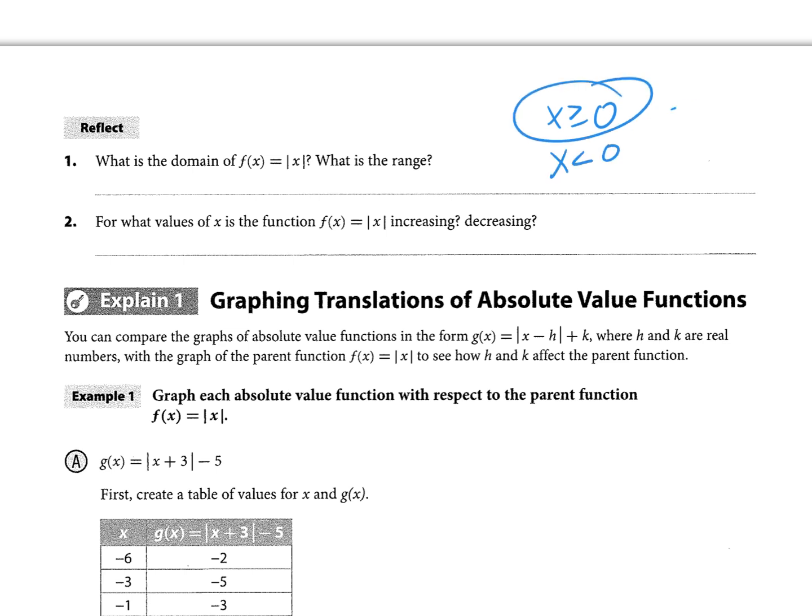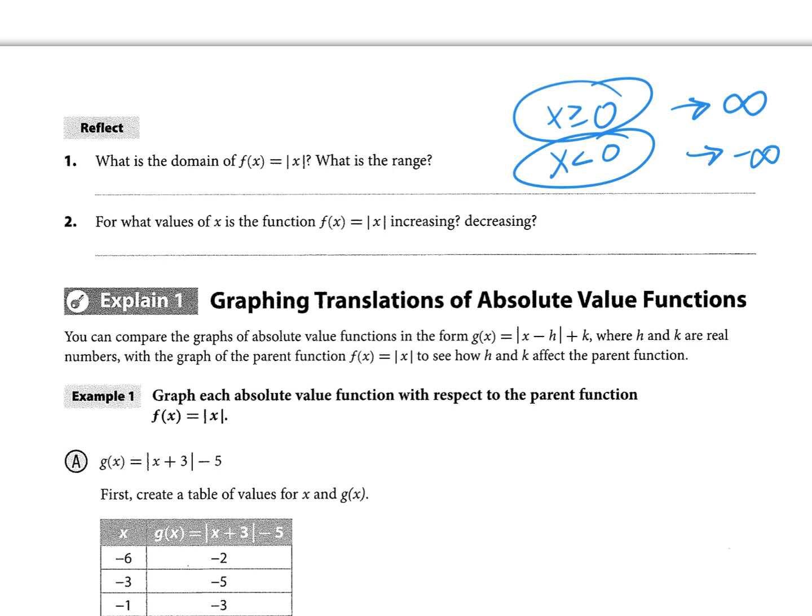This one goes to infinity. All numbers, we can put in decimals or fractions or irrational numbers. And this one goes out to -infinity. Numbers less than 0. We can go all the way out to the negatives forever.